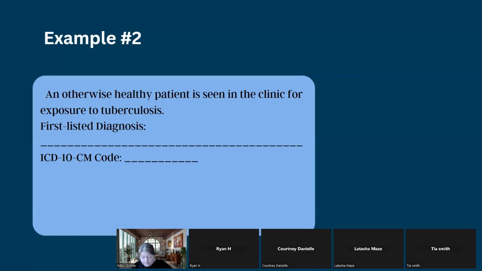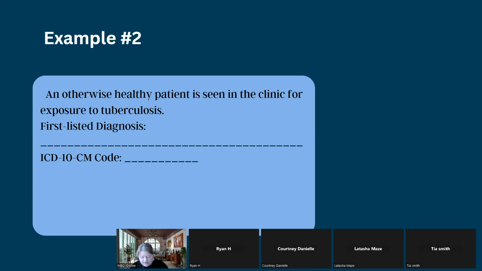You would be going down, okay, so Z20, you would go all the way down to Z20.8, contact with and suspected exposure to other communicable diseases, and see if you could get more specific under there with whatever you were working on.